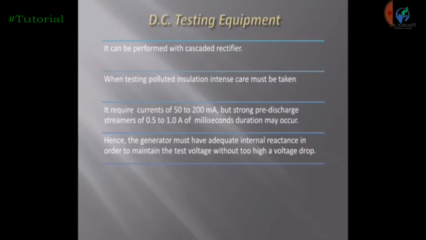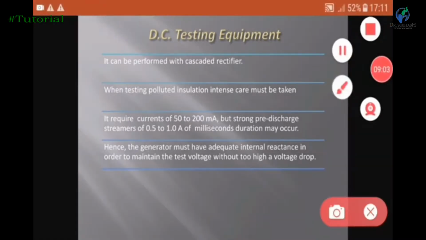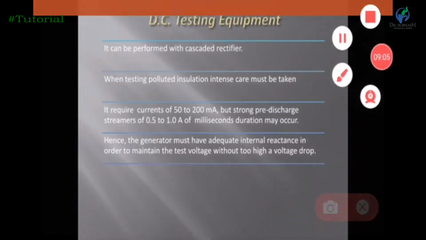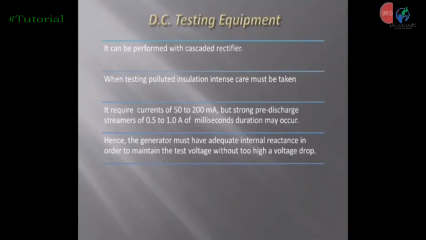DC testing of equipment can be performed with a cascaded rectifier. When testing polluted insulation, intense care must be taken. It requires currents of 50 to 200 milliampere. But strong pre-discharge streamers of 0.5 to 1 ampere of milliseconds duration may occur.